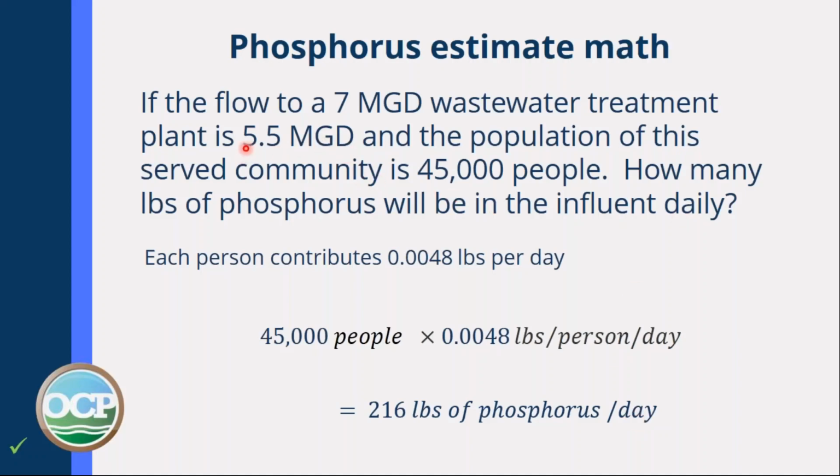Note that we didn't use the pounds formula. We didn't need to know the volume of the plant or the flow of the influent. So again, this is just a very simple basic math problem.